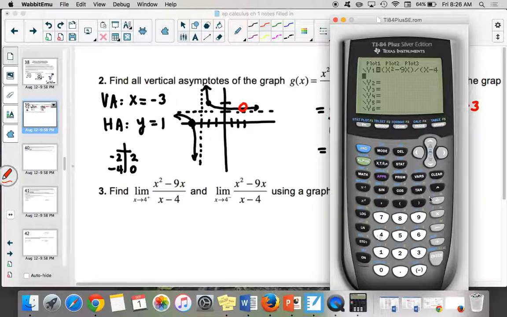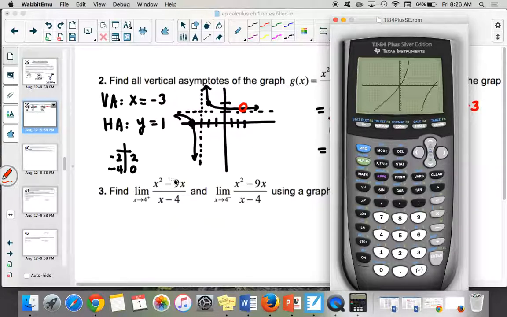So do you guys see why our limit as x goes to 4 is going to be interesting to us? Because we have x minus 4 on the denominator, right? So we have a vertical asymptote at 4. So when we hit graph, it's always so hard to see the screen. We have kind of a slant asymptote going on.